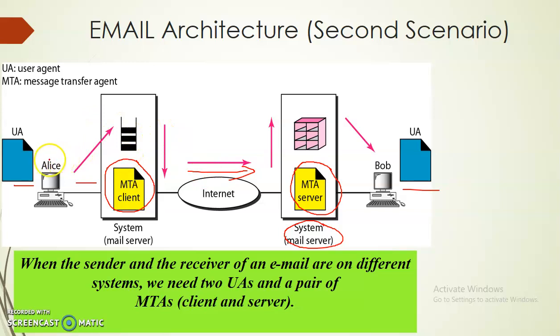So what we need: two user agents, one MTA client which will transfer the message, and one MTA server which will receive the message on behalf of Bob, right? So we need one pair of MTA client and server and one pair of user agents, two user agents, and MTA client and server.